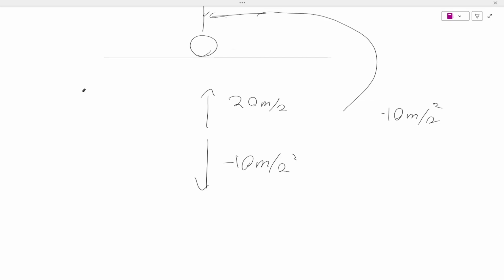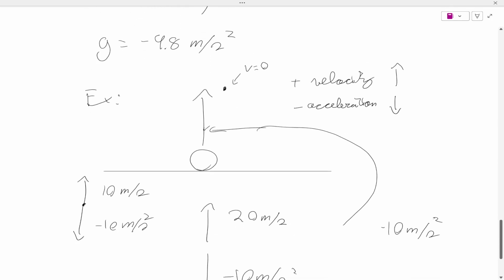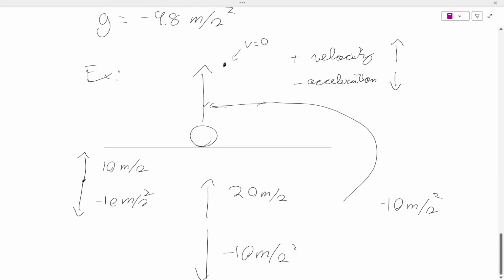It starts falling down. But if you look at a singular time frame, you'll notice that the velocity equals 0. This is the point at which the velocity is 0. This means the acceleration has basically just slowed it down.